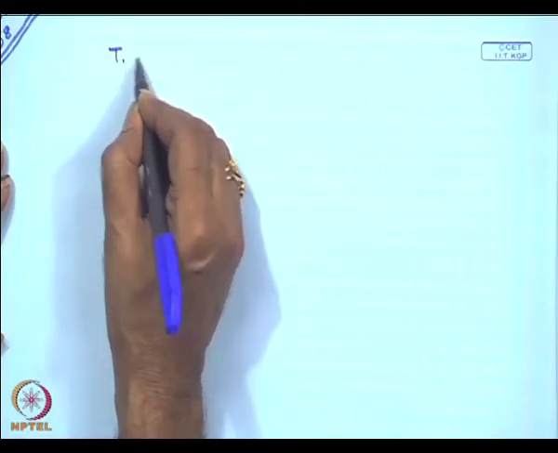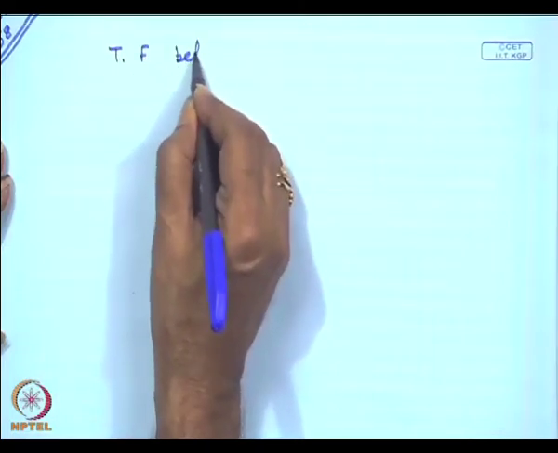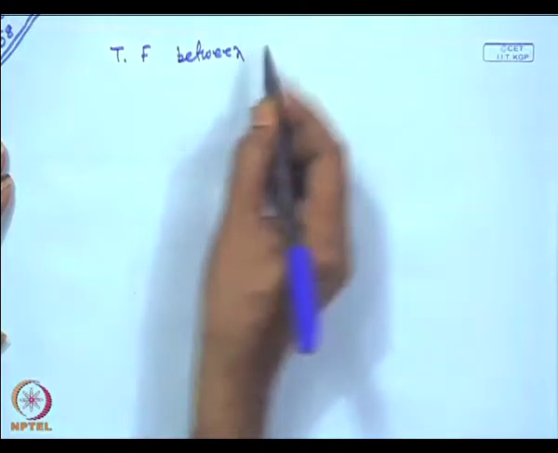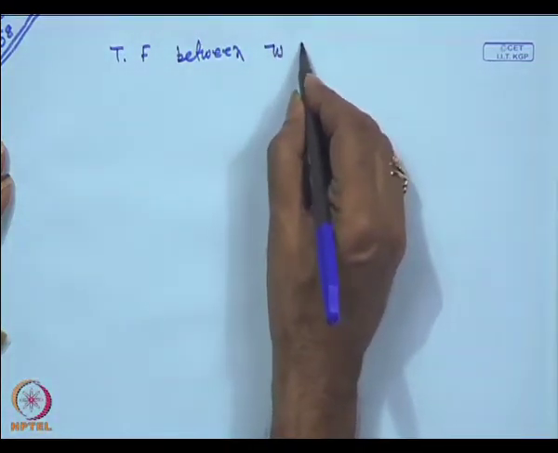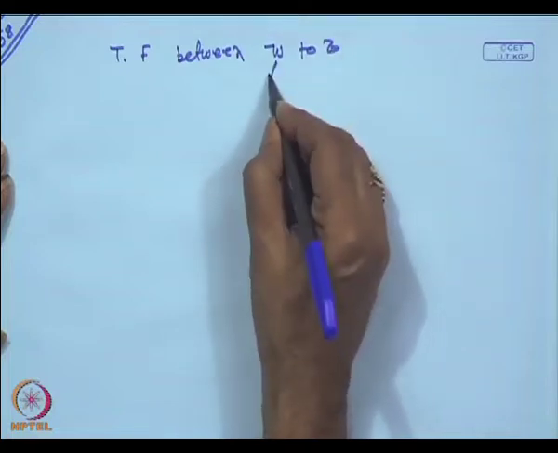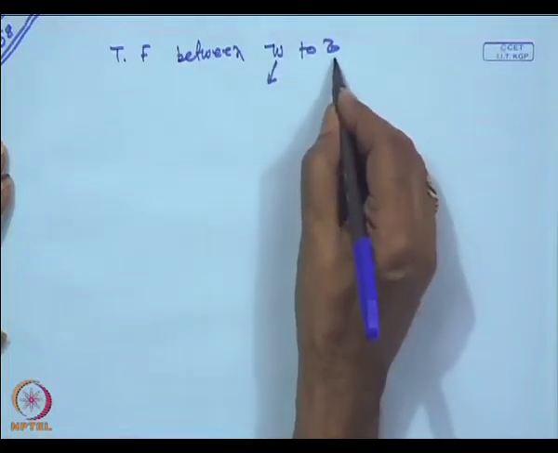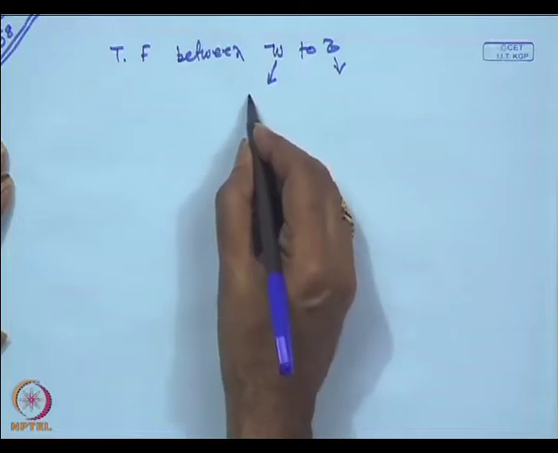In order to get the lower LFT, we will get the transformation between W and Z. W is the exogenous input and Z is the regulated output.